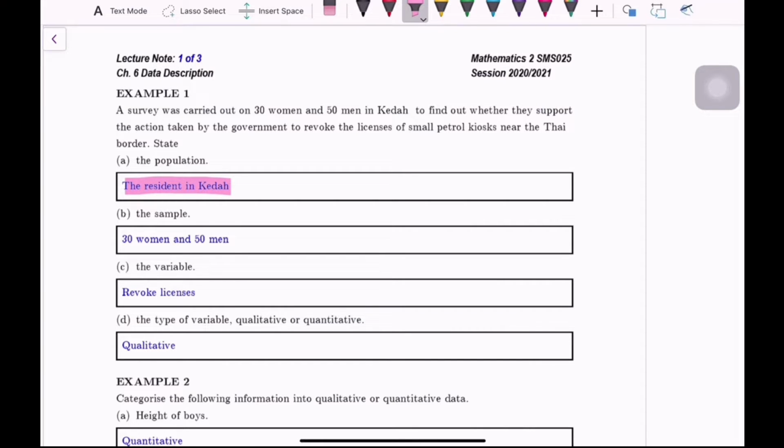The sample, 30 women and 50 men. The variable, revoke the licenses, and the type of variable, qualitative or quantitative. So revoke the licenses is qualitative variable.